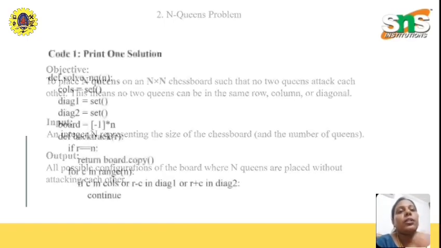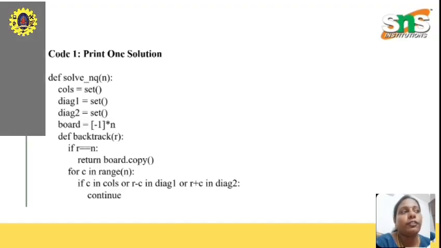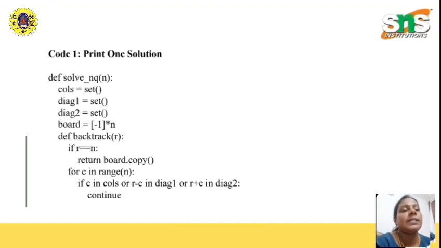Now we move to the algorithm of the N Queens problem, which prints one solution. We have to define NQ, where N is the size of the matrix, whether 2 by 2, 4 by 4 or 6 by 6, and Q is the number of queens, the same elements already predefined in the given matrix.